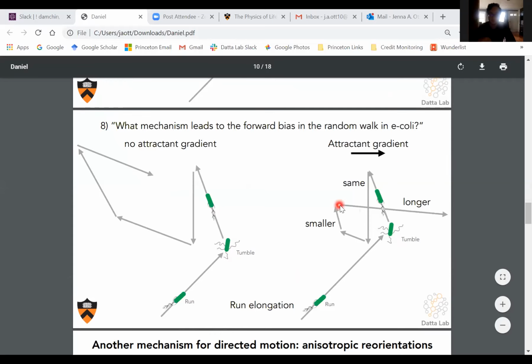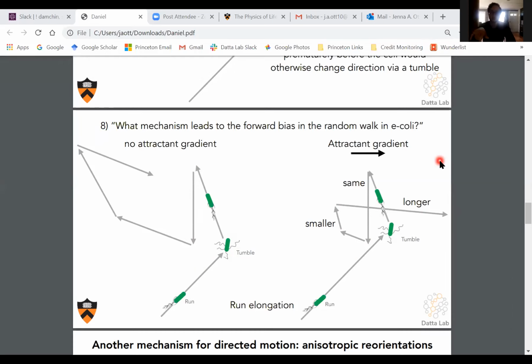So if we compare the left side and the right side, the bottom arrow is longer on the right because it's going to the right direction. Meanwhile, the arrow that's going straight down is roughly the same size because it's not going along the attractant gradient at all. And I included some smaller arrows going in the opposite direction, which has been observed to a lesser extent than the elongation of runs.